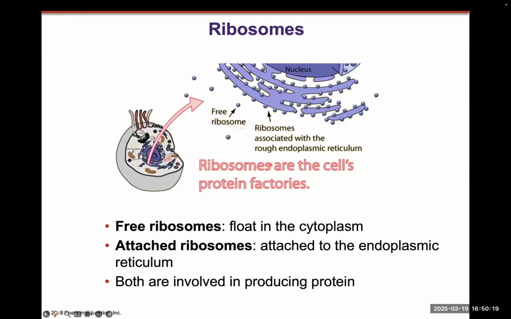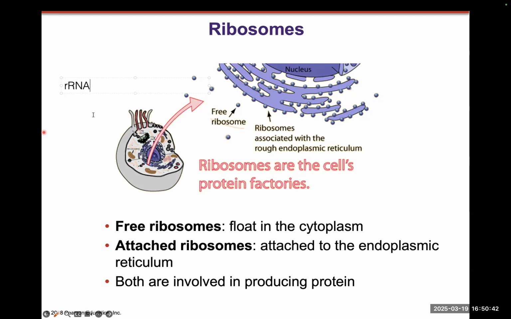In fact, the ribosome here is actually RNA. So let me write that down. It's rRNA. I don't know if you remember the 3 types of RNA: there was mRNA, tRNA, and this is rRNA. So they are involved in making proteins.